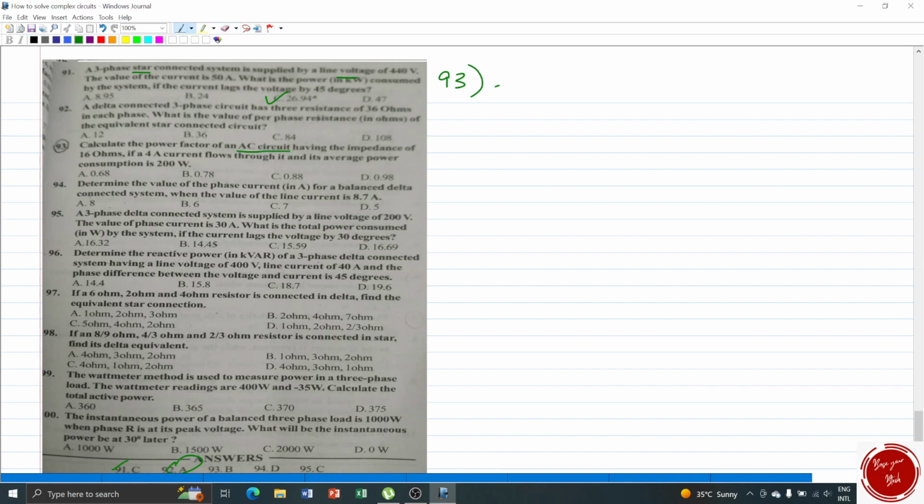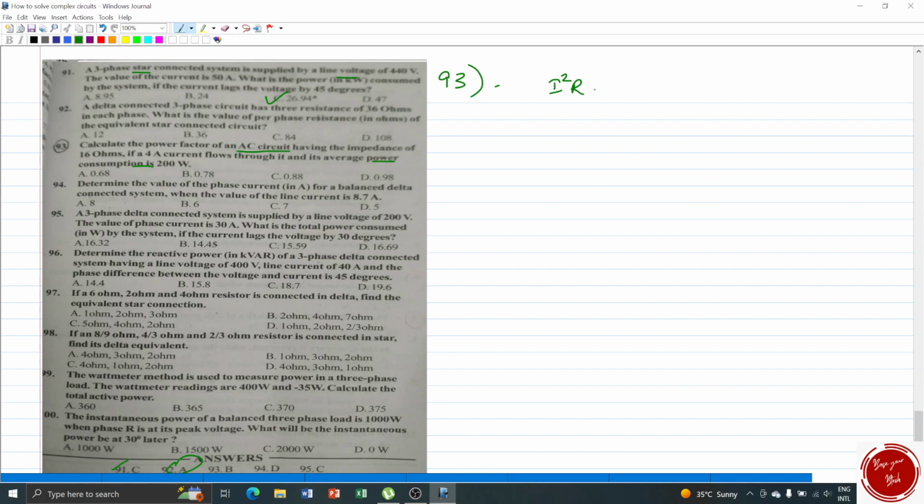So for that, the power consumption equation is just I square R. They have not mentioned a three-phase system, RYB, line current or line voltage. They have just given the power consumption and the current of 4 ampere.